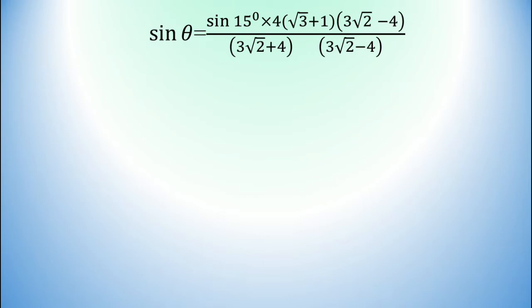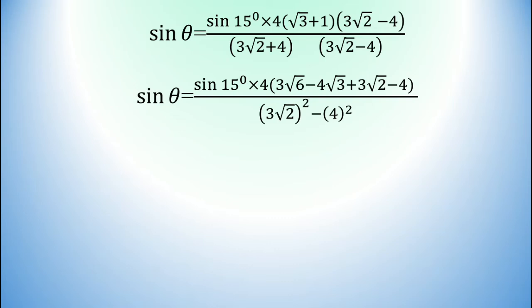Then multiply by 3 root 2 minus 4. Sine theta is equal to sine 15 times the product of two expressions, and the denominator becomes the difference of two squares, right? That is (3 root 2) squared minus 4 squared.